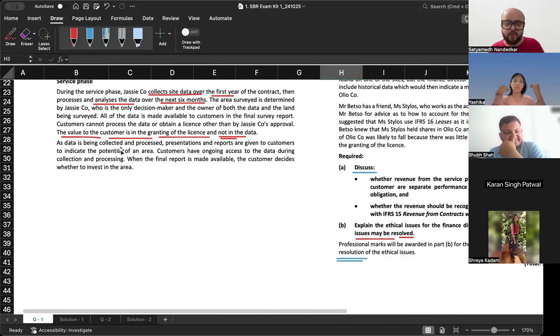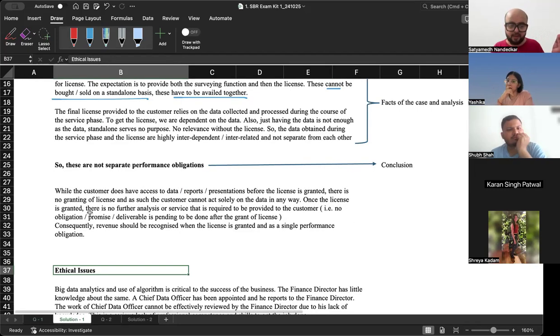As data is being processed and collected, presentations are given to customers to indicate the potential of the area. Customers have ongoing access to the data during collection and processing. When the final report is available, the customer decides whether to invest in the area or not. While he can see the data, the final conclusion is delivered only when the analysis is complete, right?